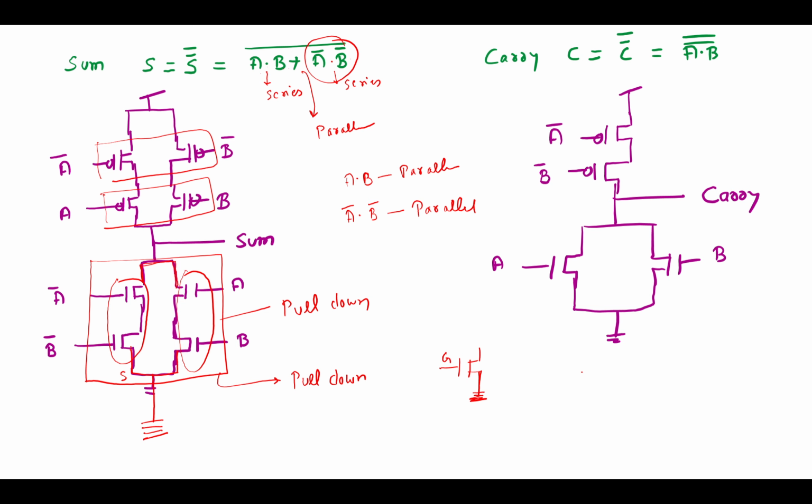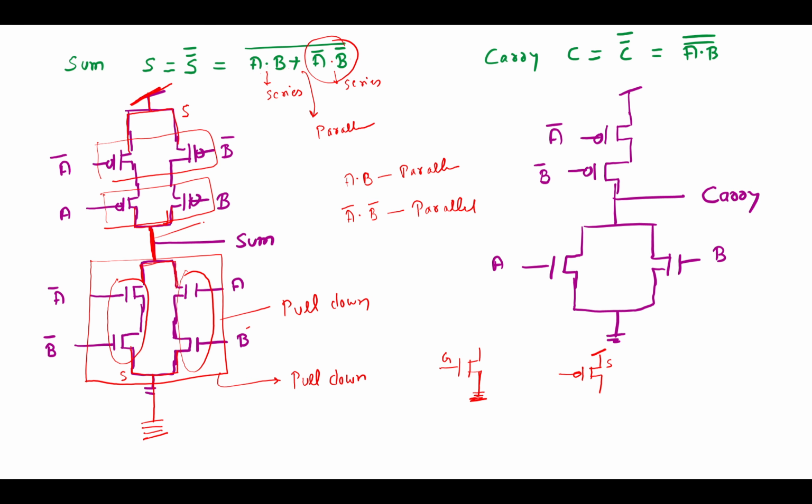We know in the pull up network the source is connected to VDD, because this is PMOS. So the source terminal is connected to VDD, and this is the common point.